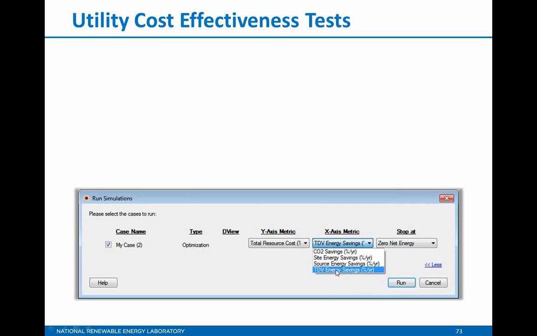So this determines the nature of the optimization during the sequential search. In this case, total resource cost test is optimized to find the most cost-optimal ways that maximize the net present value of the TRC as a function of time-dependent valuation.